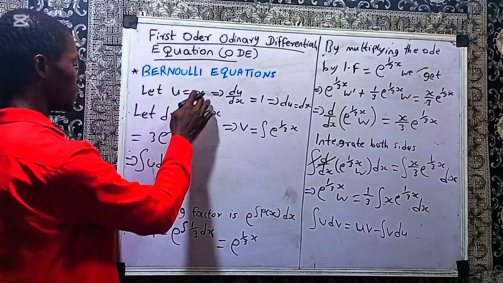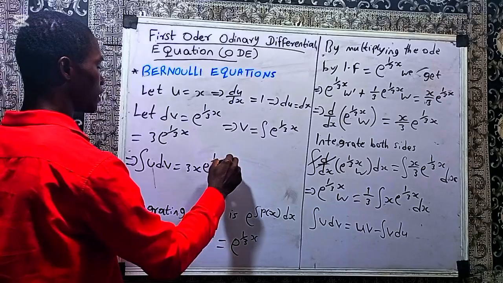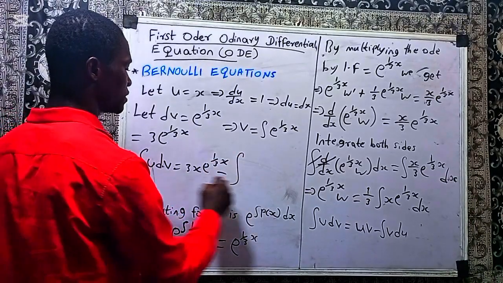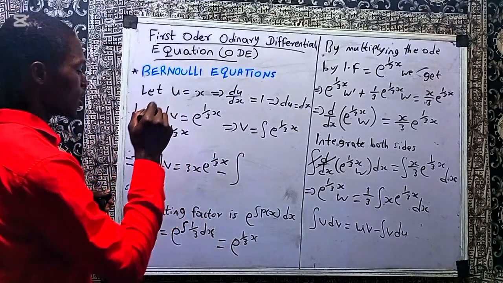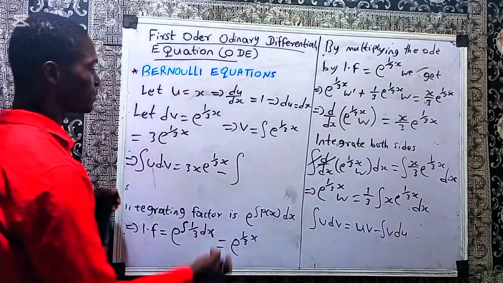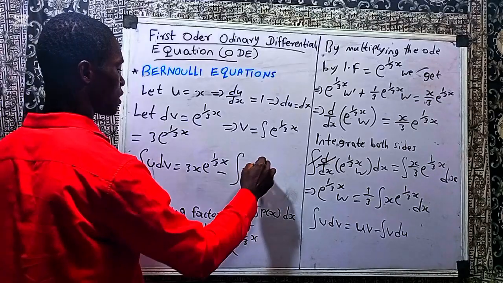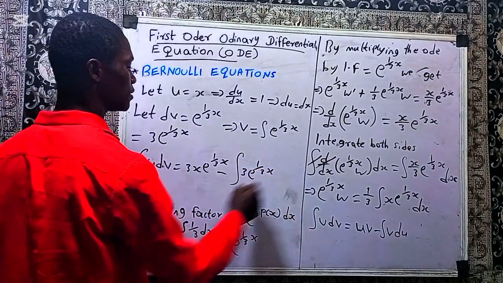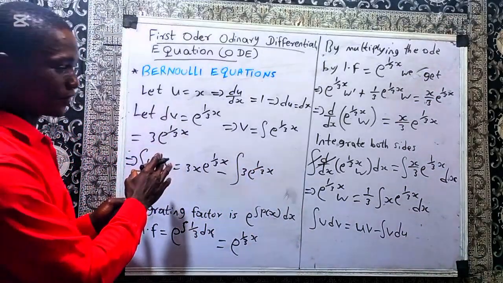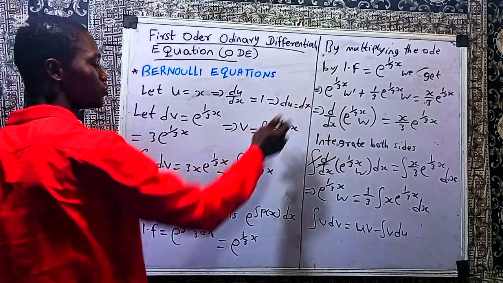So if I multiply this and this, I'll have 3x e to the power of 1/3 x, minus the integral of, in the formula, v du. What is my v? My v is 3 e to the power of 1/3 x. That's what we got for our v, right? Du. What is du? We solved, we got du to be dx.